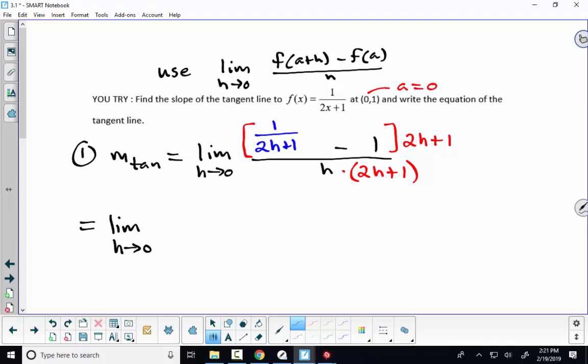So what does the top turn into once we distribute? 1 minus 2h minus 1. Okay, good. So don't forget to distribute the negative 1 times the 2h plus 1. So really what you have is like this.